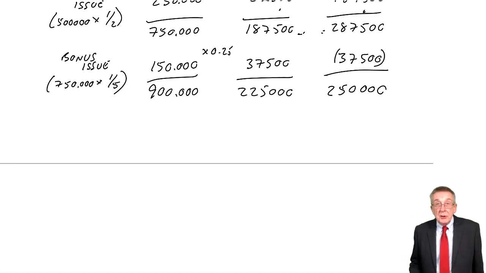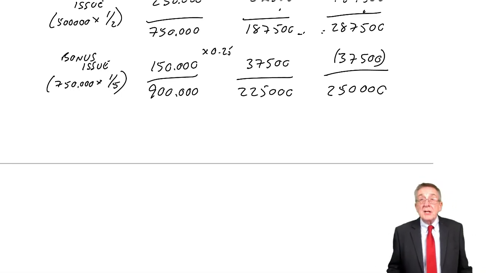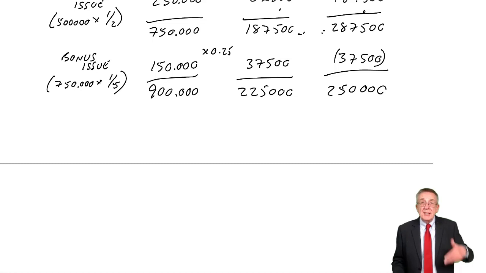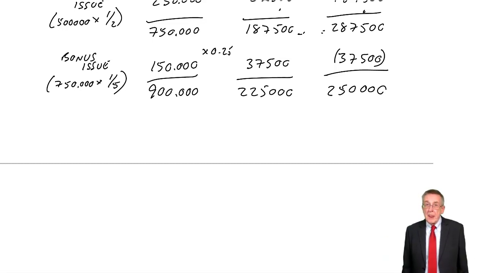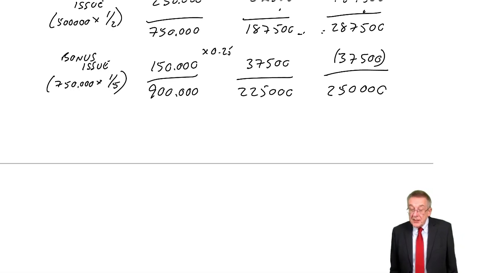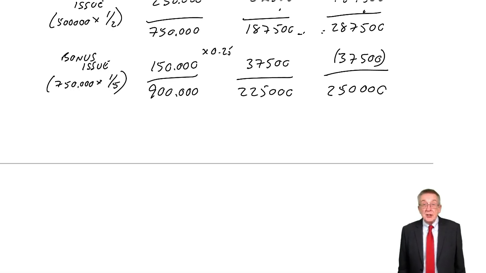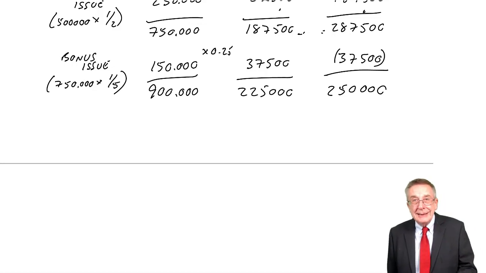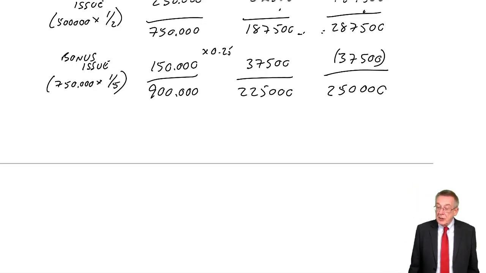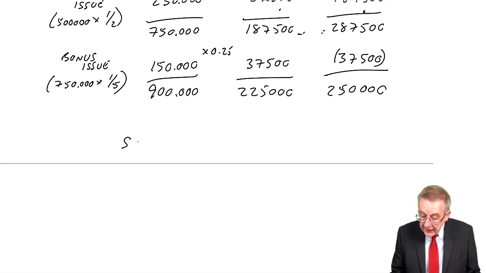A rights issue is like we had before, the issue of any shares, debit cash, credit share capital, credit share premium with the extra. A bonus issue, no cash has been received, credit share capital, debit share premium, and the total owing to shareholders on the statement of financial position.